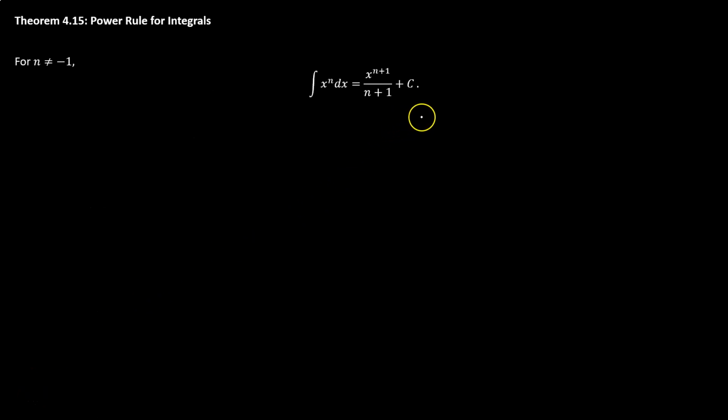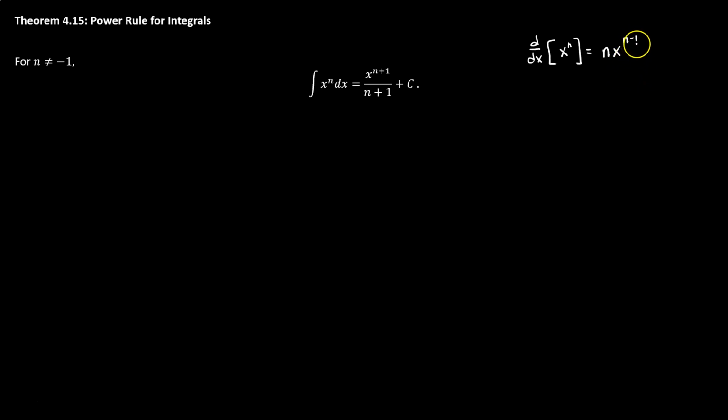When we first learned about taking derivatives, we learned a shortcut for power functions. So let's recall that when we learned how to take the derivative of x to the nth power, we said that you would take the exponent, multiply it in front, and then subtract 1 from that exponent. So we're multiplying and then reducing the exponent.